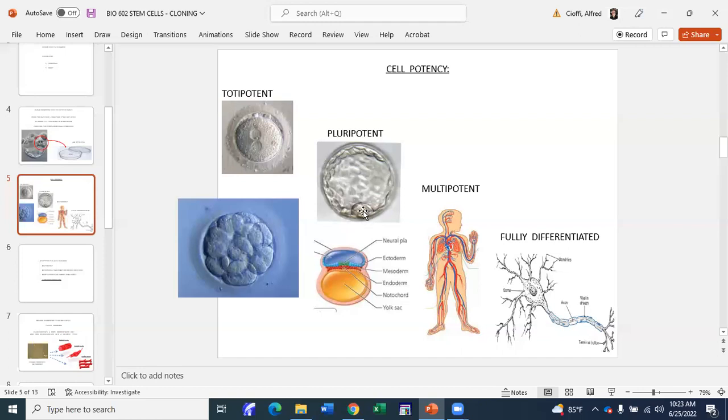But you see that the ICM has the potential to become, because the entire embryo comes from the ICM, a single blastomere from the ICM has the potential to become any cell of the body, any fully differentiated cell of the body. See, that's where potential comes in.